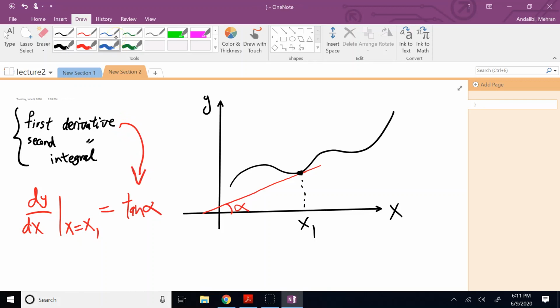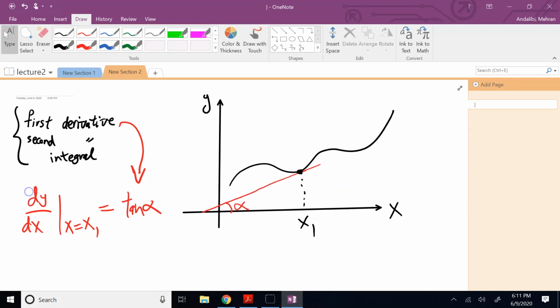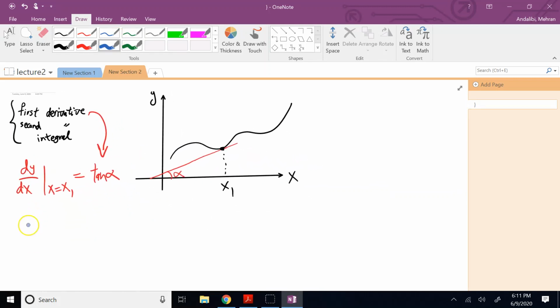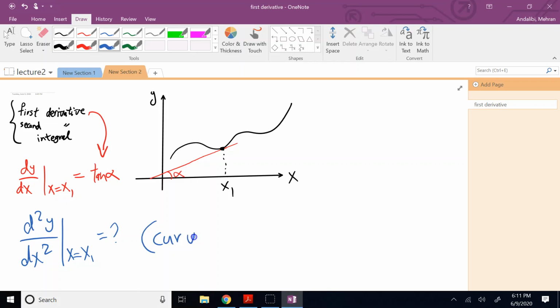We know that. What is the meaning of second derivative? So what's the meaning of the second derivative of y, d squared y over dx squared at point x equal x1? What's the meaning of that? Positive, negative, 0. If you learned probably, that is the curvature.